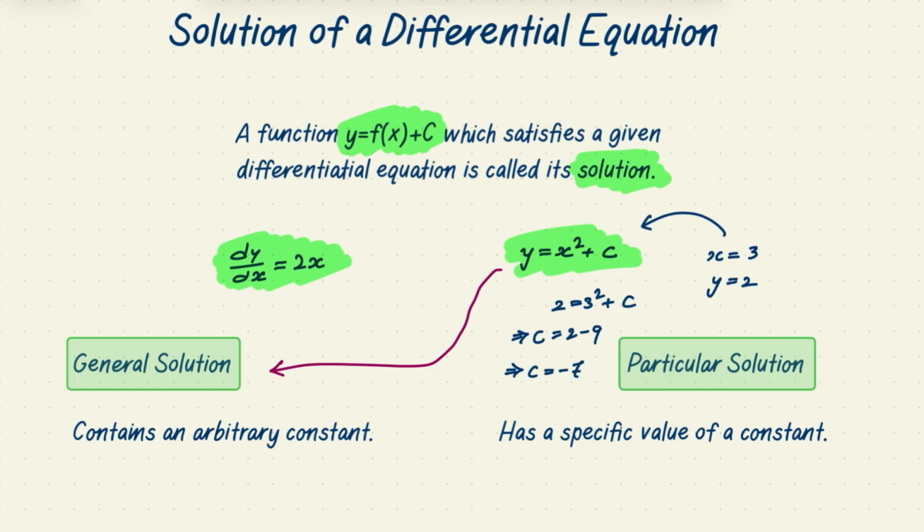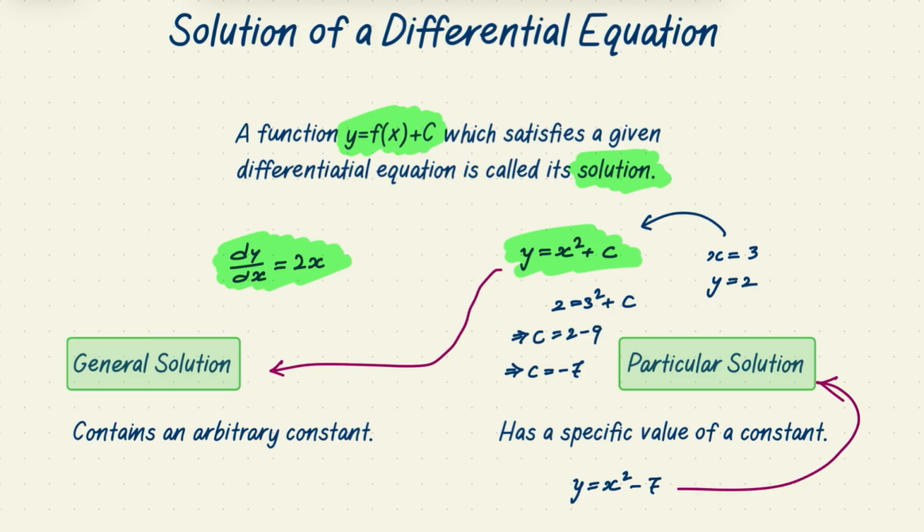Since we have got the value of c as minus 7, the particular solution we can write for this equation is y equals x square minus 7. So this solution is called the particular solution for the differential equation dy over dx equals 2x.